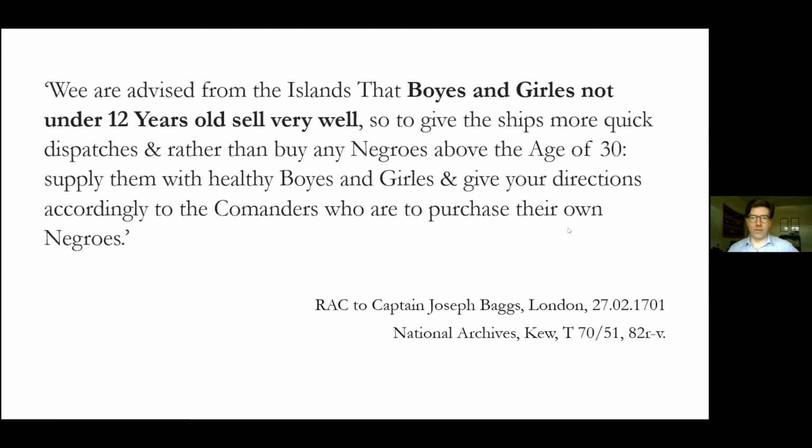Here you have one of many references from the company explicitly asking that they want people over 12 and under 30 who are the ideal for the work in the plantations that is being done.